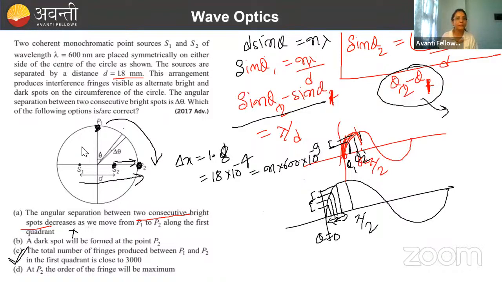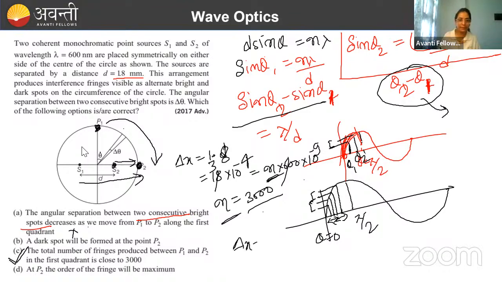We are going to get some integer, right? 1, 2, 3, 4 kind of. If I solve it completely, n will come as something like 3000. So it is an integral multiple of lambda. And that is why this should be a bright spot, not a dark spot.